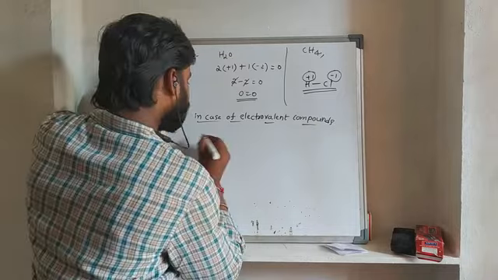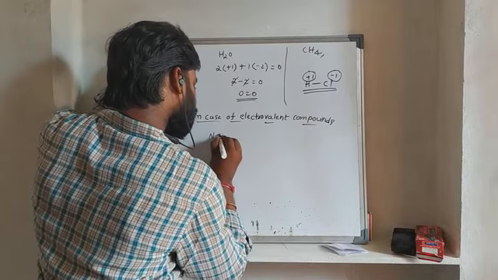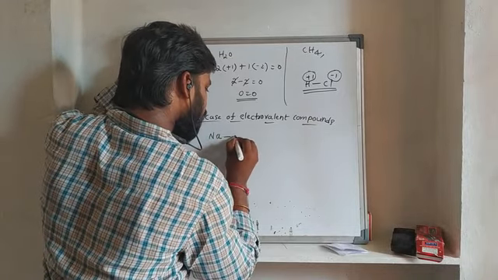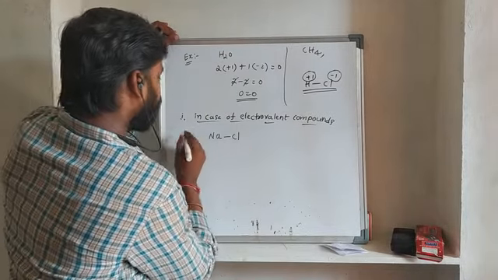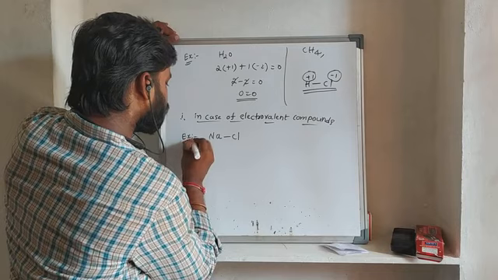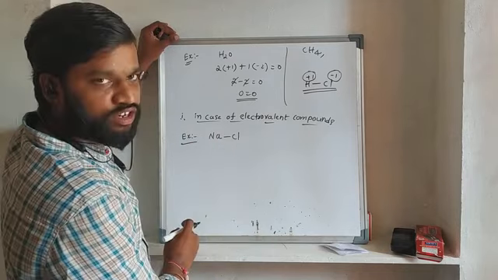For example, NaCl. NaCl is the example of electrovalent compound.